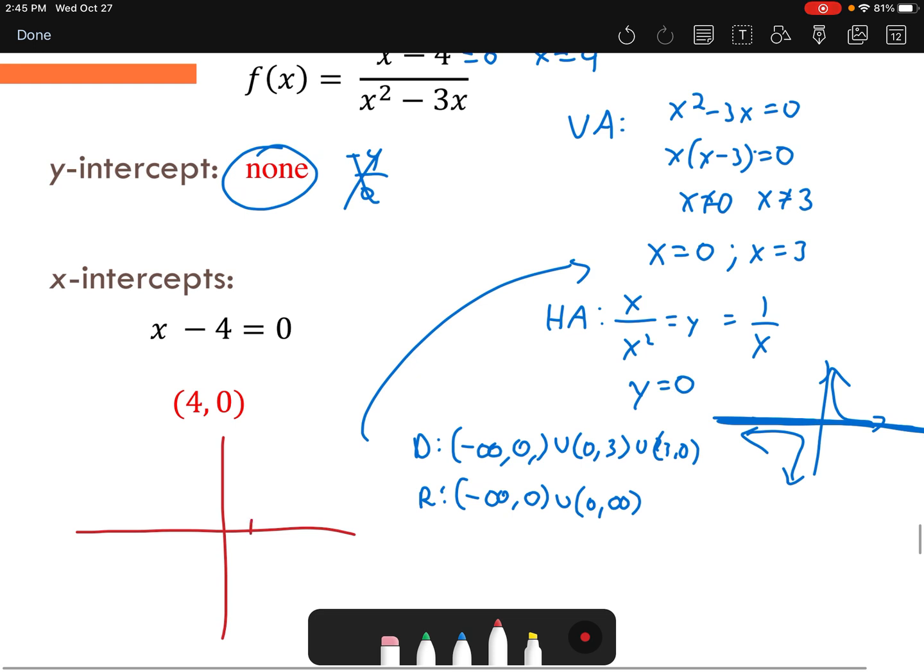Okay, so we know that we have an x-intercept at (4, 0). We don't have a y-intercept. We know at 0 and 3 we have vertical asymptotes.